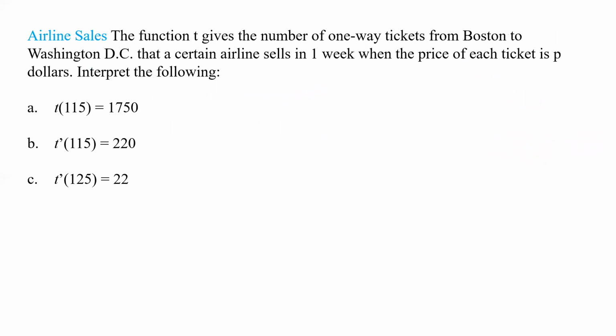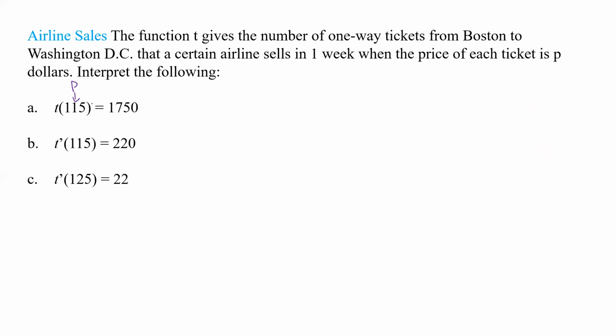All right, so here we have airline sales. It says the function T gives the number of one-way tickets from Boston to Washington, D.C. that a certain airline sells in 1 week when the price of each ticket is P dollars. Interpret the following. All right, so it looks like we have plugged in P is 115.